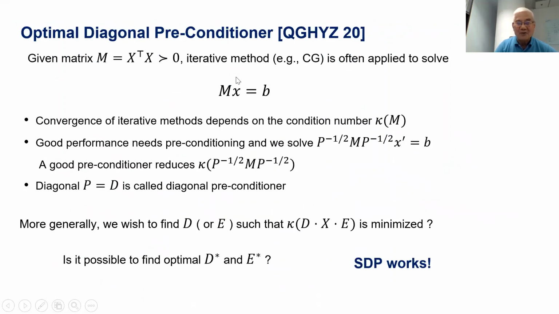So if you have a problem where M is unchanged and b changes all the time, then it's better to find a good preconditioner one time. Then you can apply that same preconditioner to solve all the systems with the same M but different b.